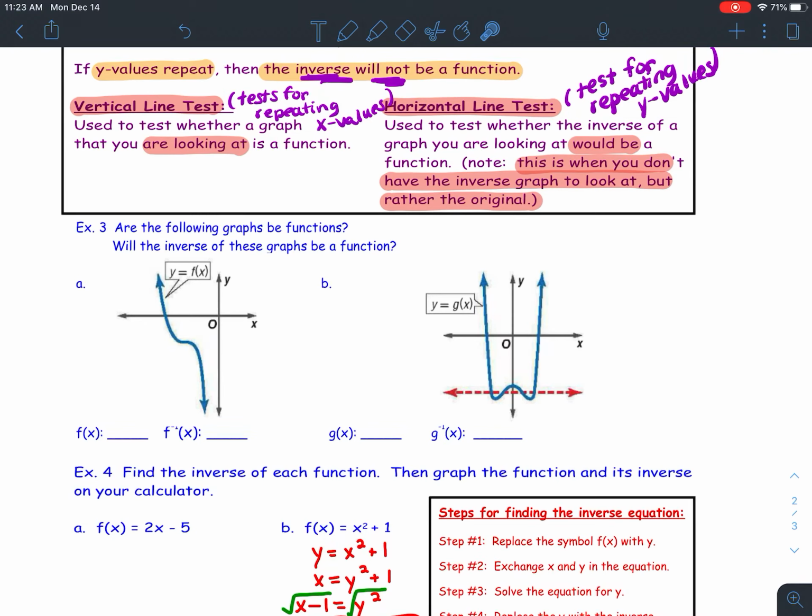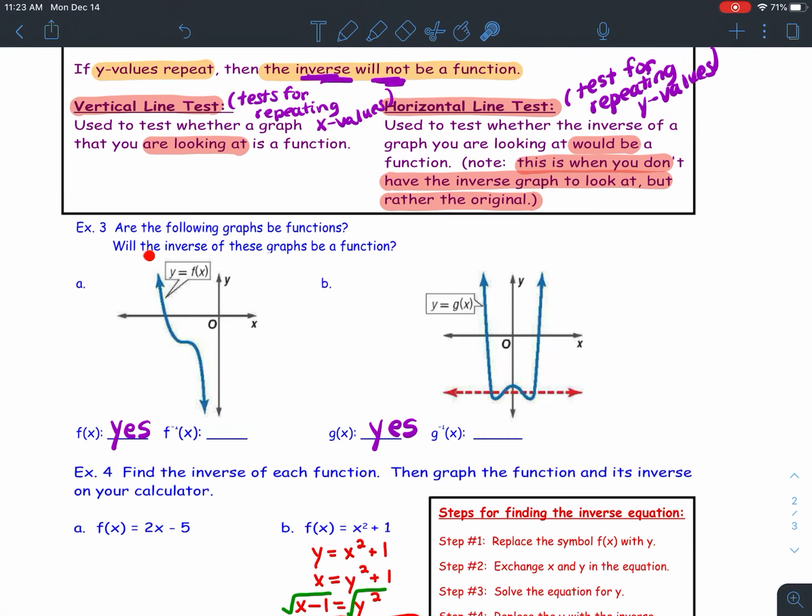So the question is, is there any place on either of these graphs that you could draw a vertical line and it would pass through the graph in more than one point? And it looks like both of these graphs pass the vertical line test. So where it says just f of x or g of x, I'm going to say that yes, both of these graphs are functions because they pass the vertical line test.